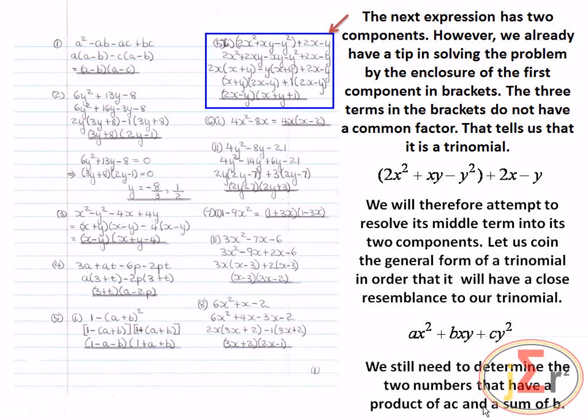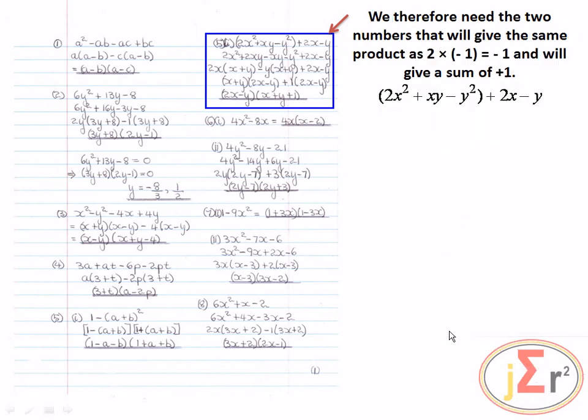We still need to determine the two numbers that have a product of AC and a sum of B. We still need to determine the two terms that have a product of AC as always and will have a sum of B.